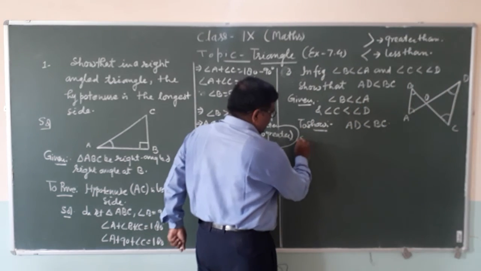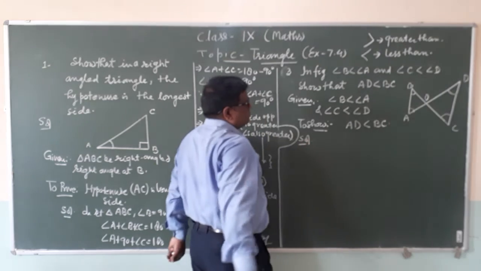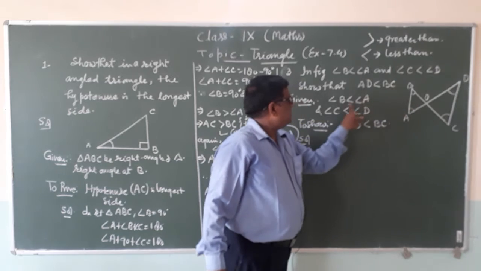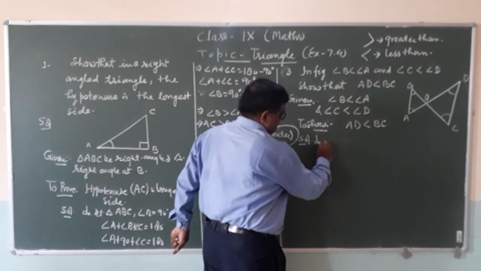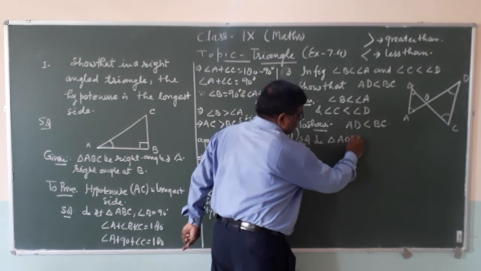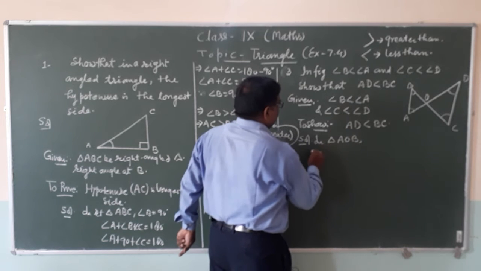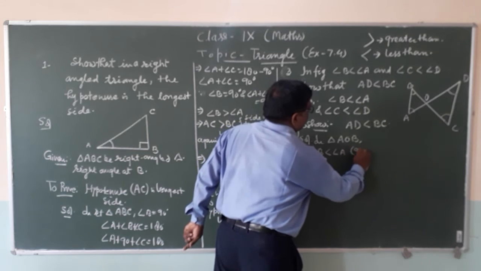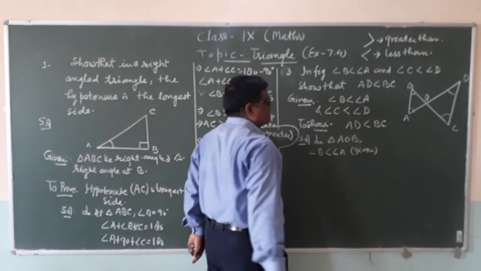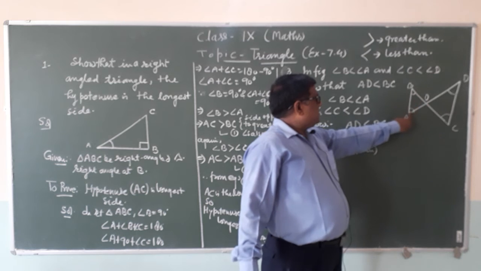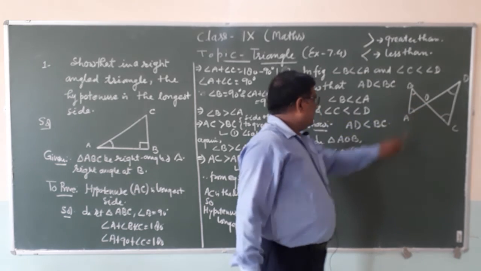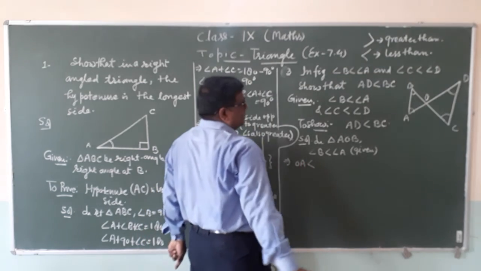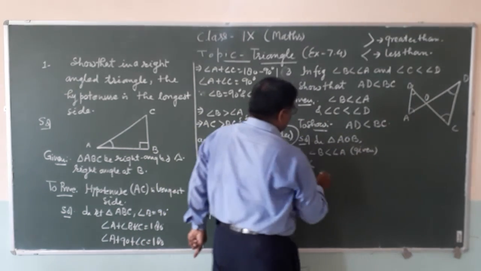Solution: what is our given? In triangle AOB, angle B is less than angle A. This is given. The opposite side of B, that is OA, is less than the opposite side of A, that is OB.